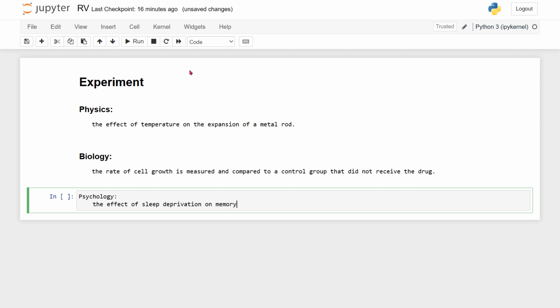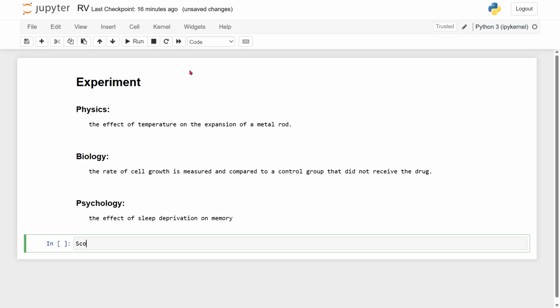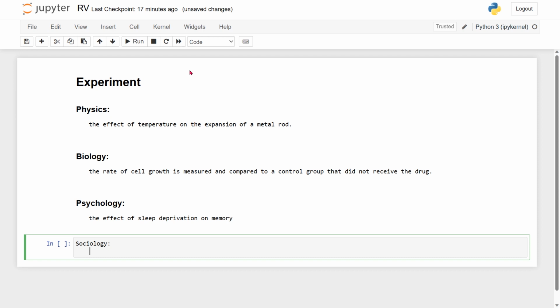And another example, let's check it from sociology. A sociology experiment investigates the effect of social media on self esteem.